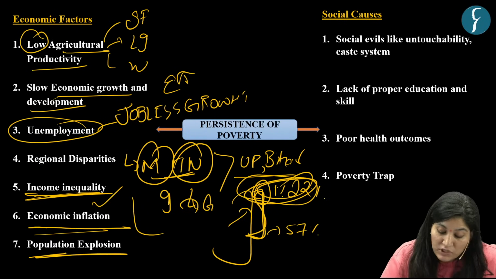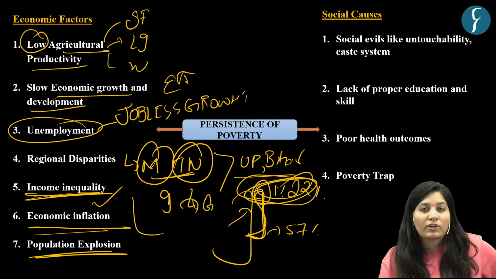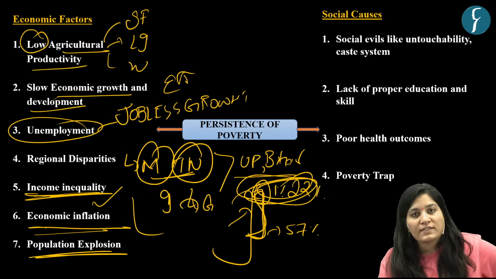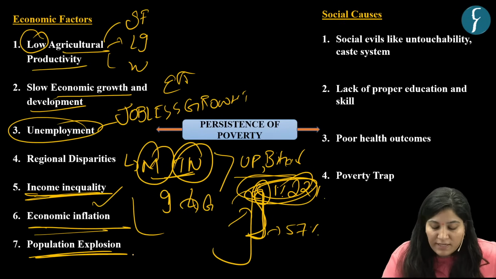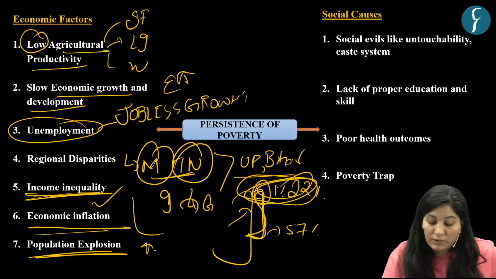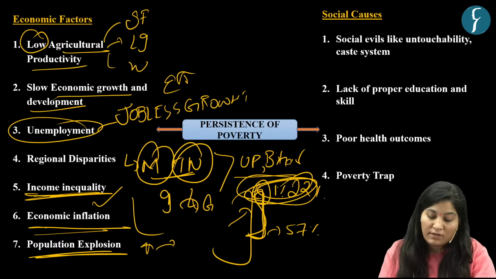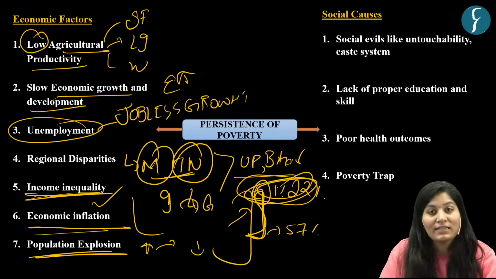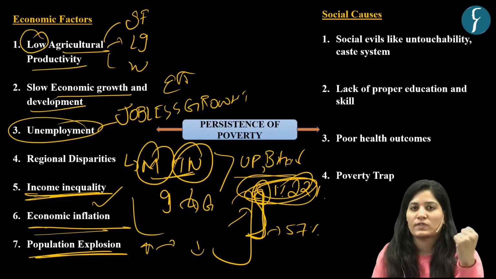Then we have population explosion. India has a 140 crore population, and currently 16 crore people still face some form of poverty. Because see, huge population growth leads to huge pressure on finite resources, and this will lead to misallocation of resources.